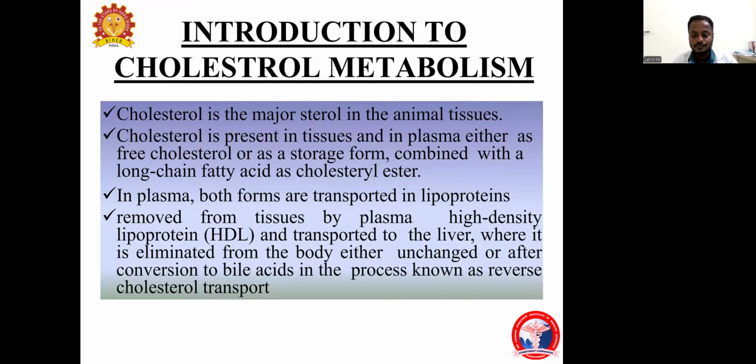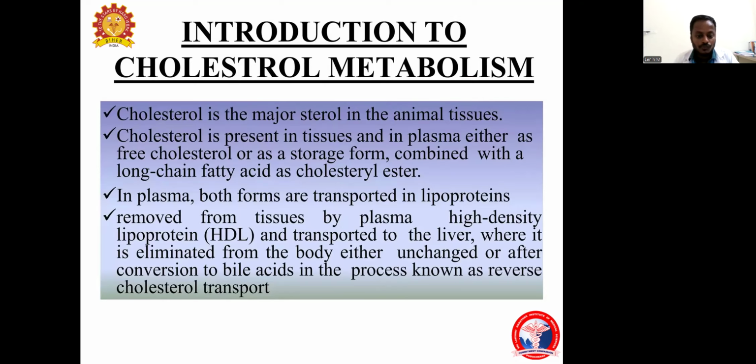You know that cholesterol has a major role in animal tissues. Cholesterol is present in tissue and in plasma, either as free cholesterol or as a storage form combined with a long chain fatty acid, called cholesterol ester.